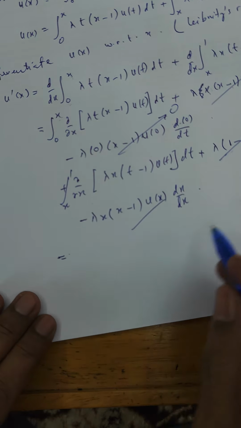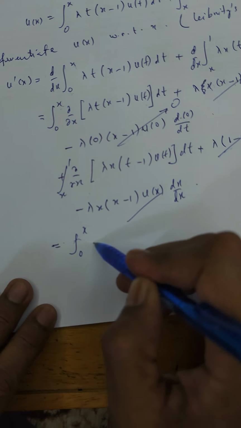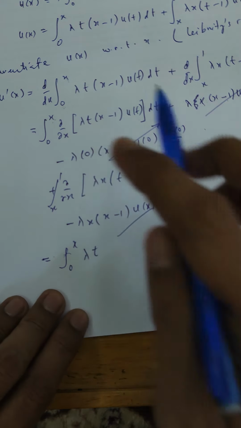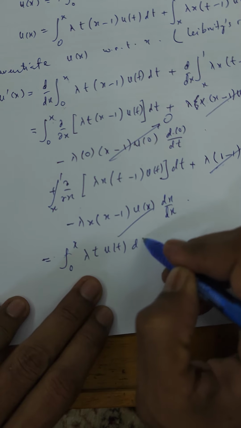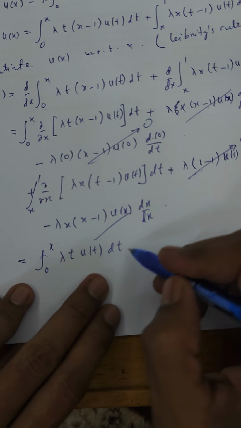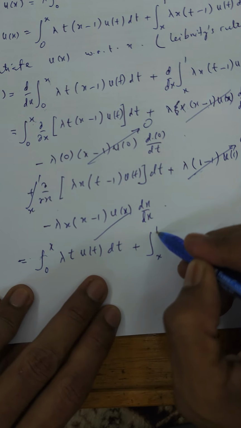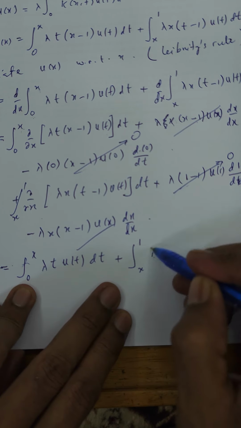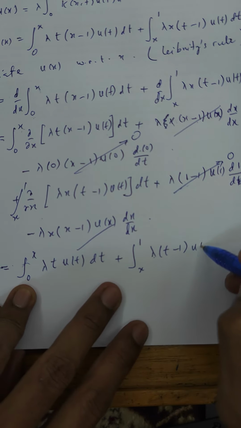Alright, so you have the integral from 0 to x of lambda t u(t) dt, differentiating with respect to x, and plus the integral from x to 1 of lambda (t minus 1) u(t) dt.